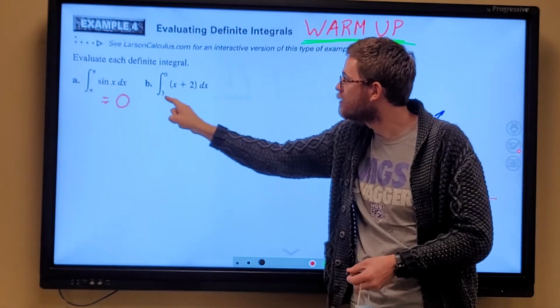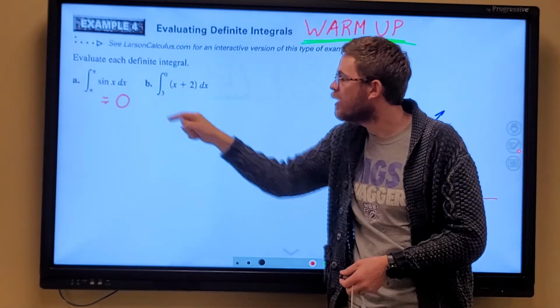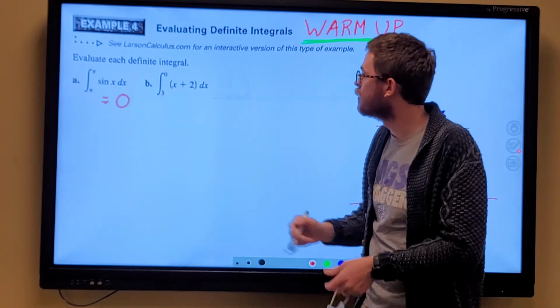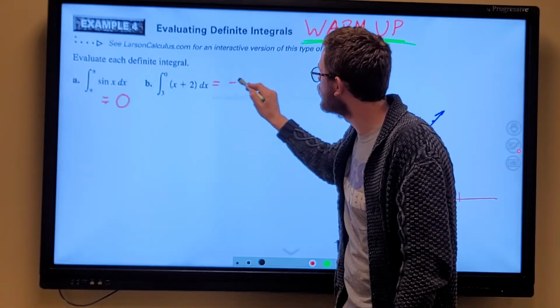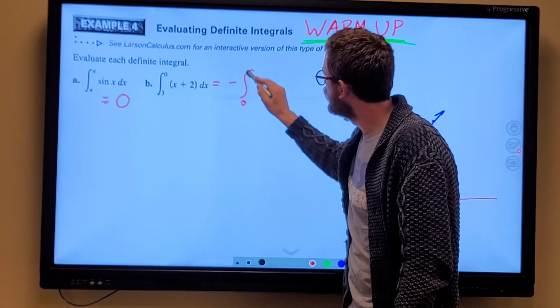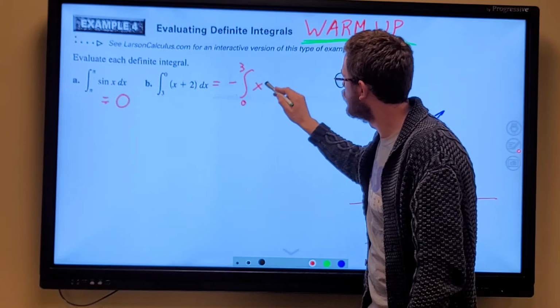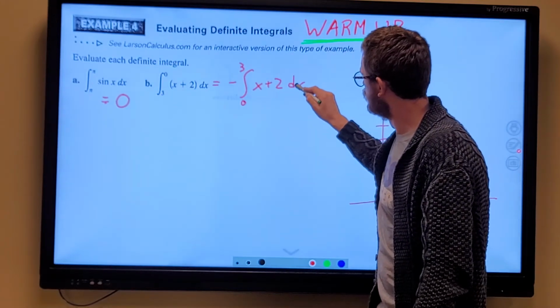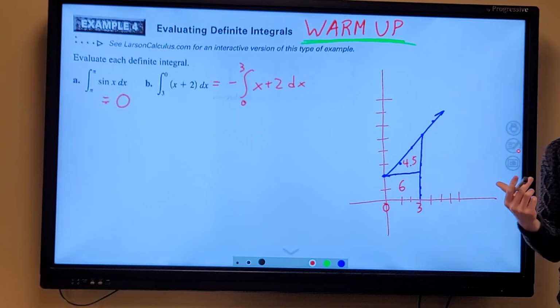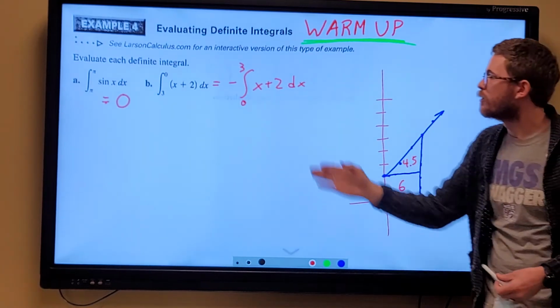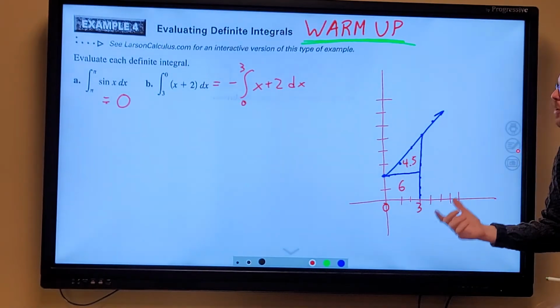So because we have the 3 on the bottom, and it's from 3 to 0, this is going to be the same thing as a negative definite integral from 0 to 3.